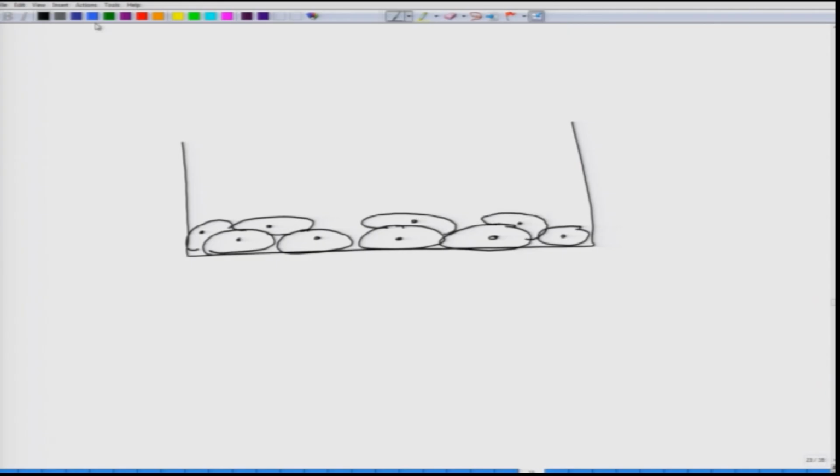And this is the medium where they are growing.